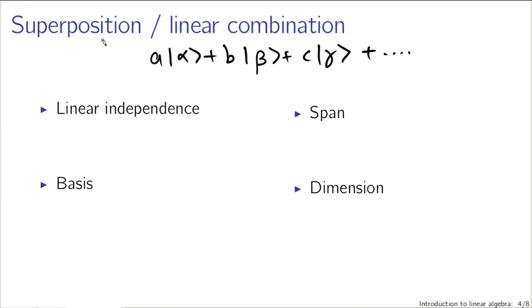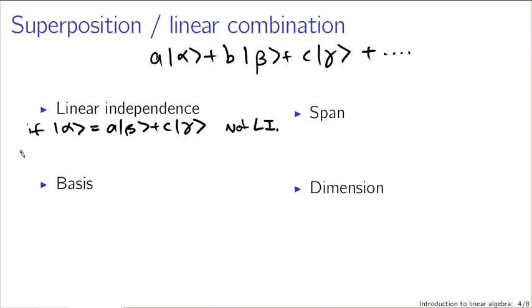This brings to mind a couple of useful concepts. First of all, linear independence. If I can write alpha as, say, A times some vector beta plus C times some vector gamma, then you say this set, alpha, beta, and gamma, is not linearly independent.